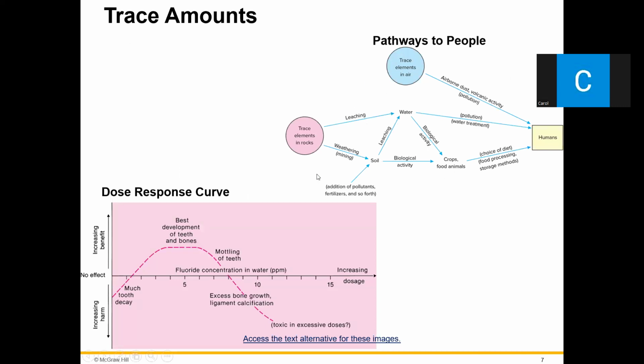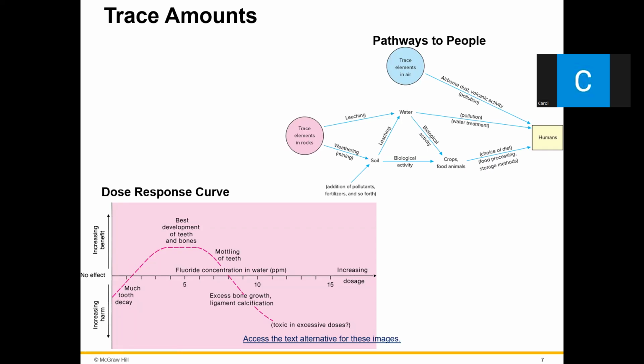Here are a couple diagrams. This is just showing the different pathways that trace elements take. Trace elements are elements that are in minor percentages. It's not like oxygen and nitrogen in the air, which are major components. Trace elements are tiny, tiny amounts.